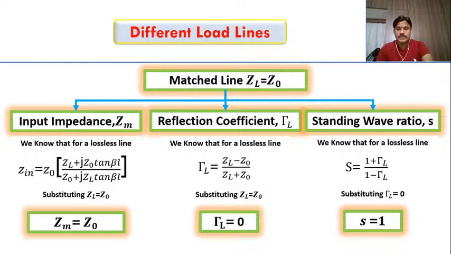Previously, for both open circuit and short circuit, the standing wave ratio is infinity. Standing wave ratio infinity means that whatever wave you are sending from the source reaches the load, and at the load it is reflected back in the form of a standing wave. So in both the open circuit and short circuit cases, a standing wave exists.